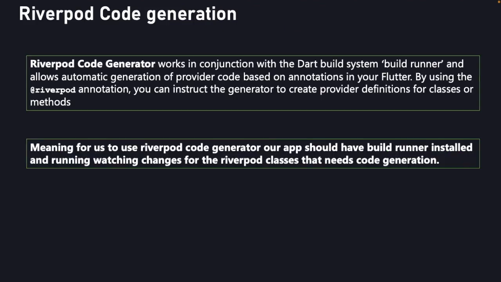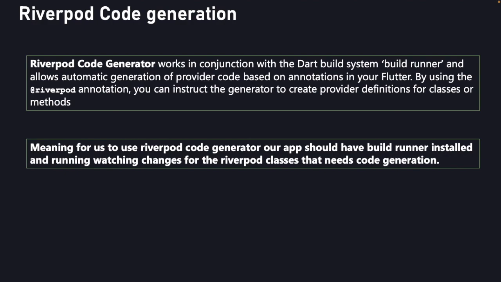So let's move on to code generation. Code generation works hand in hand with a build runner and allows automatic generation of providers based on annotations in your Flutter applications.